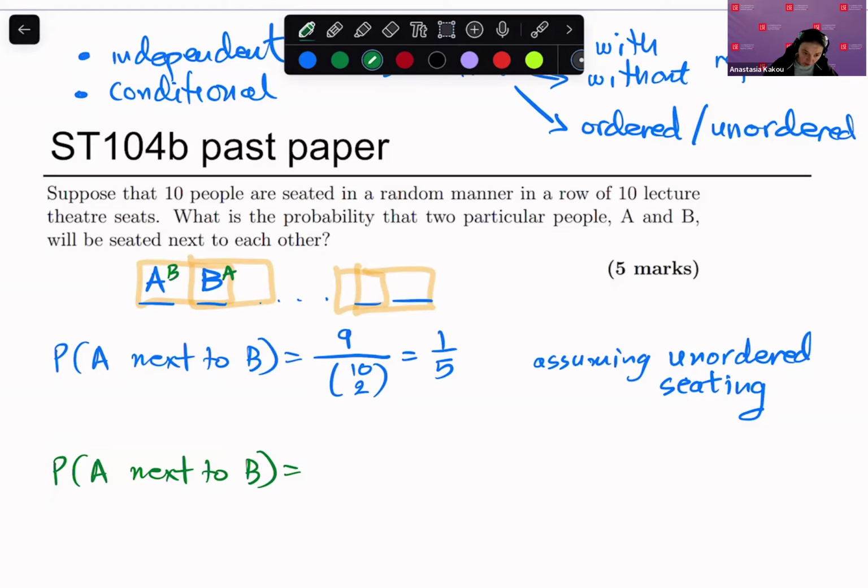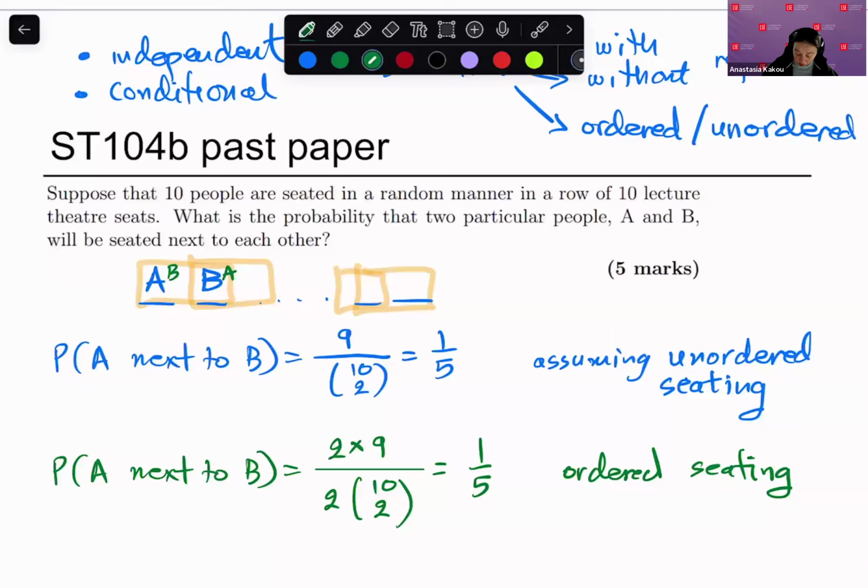Okay, that's a different outcome. So you have 2 times 9. And then in the denominator, you have 2 times 10 choose 2. And again, that gives you the same outcome, ordered seatings.